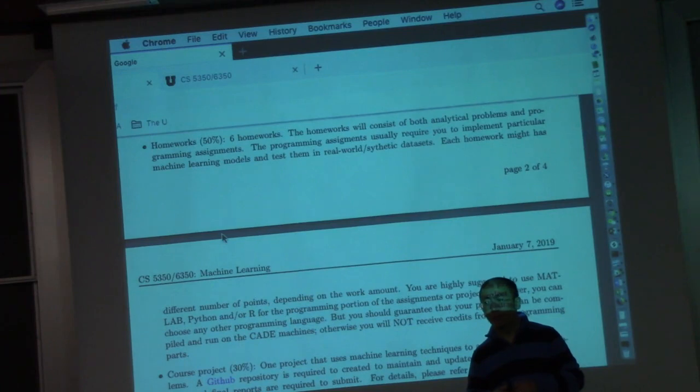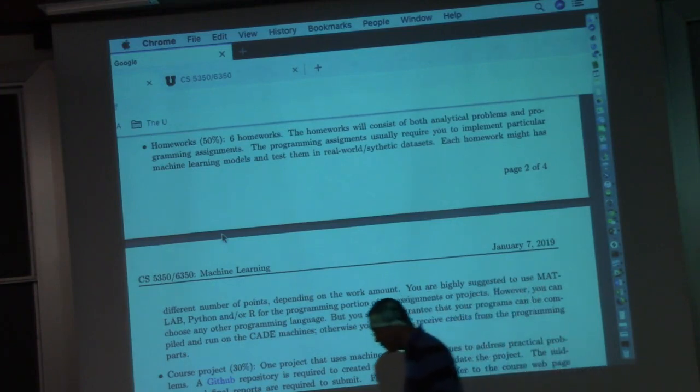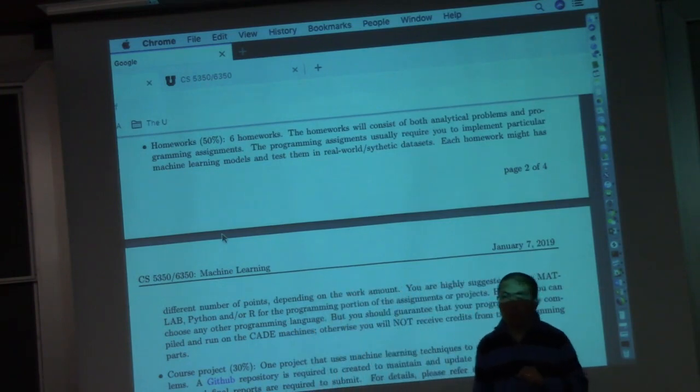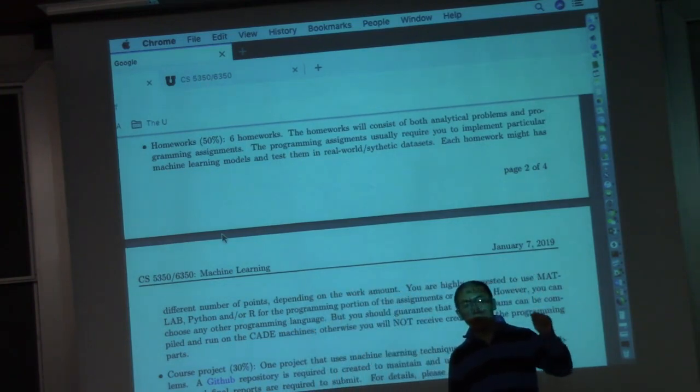Okay. So actually the plan is like this. You will be required to create a GitHub repository. Every time your programming assignment is graded, you are required to upload your implementation to the GitHub repository. So at the end of this class, you will find you have created your own machine learning library.